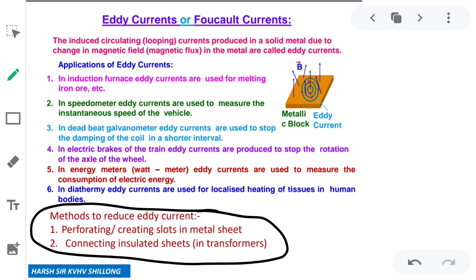Reducing is by perforating or creating slots in the metal sheet, or connecting insulated sheets. Like in the case of a transformer, in the next chapter of AC, you will come to know why the transformer core is made up of thin metal sheets which are coated and then compiled to form a thick metal body core.